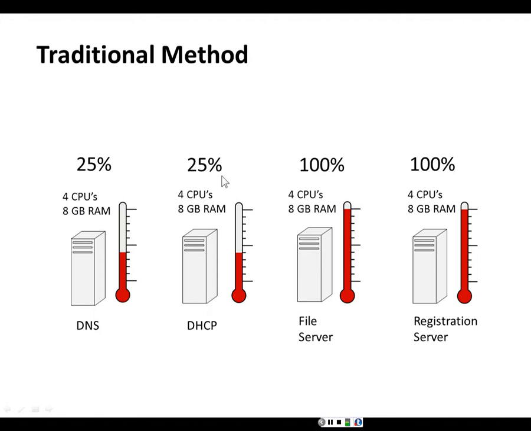Some of the servers were operating at only 25% capacity, but other servers were totally maxed out. The file server, and most importantly, the registration server, were running at 100% of utilization. Now, I wish I could just take my fingernails and pull the CPUs out of these machines and move them over to these machines, but it's just not that easy to move the CPUs around.